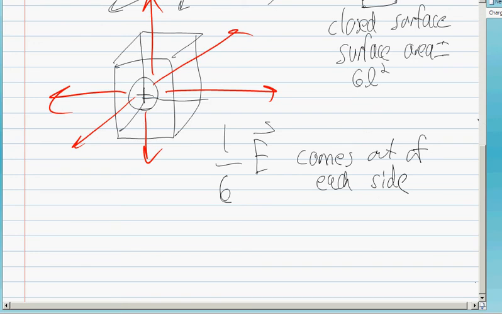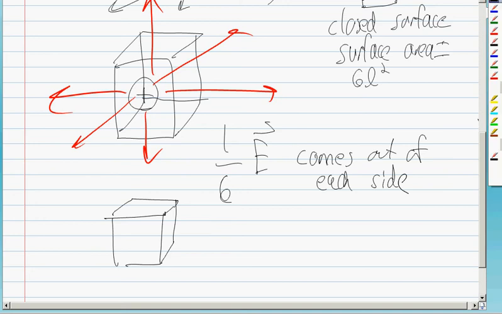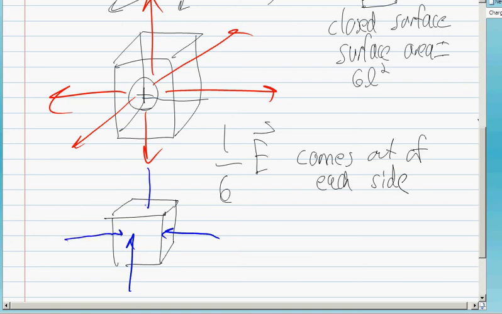Now, let's say that I showed you the box, but I made the arrows go into it. And I made the same number that I made before.